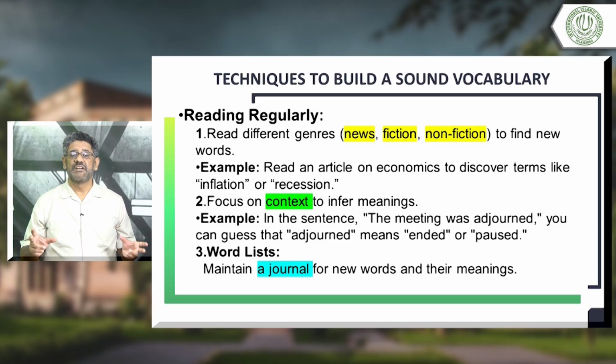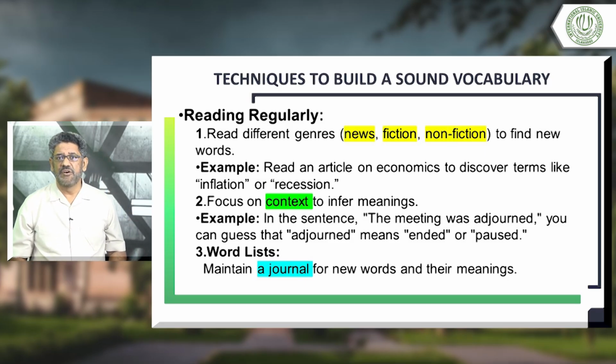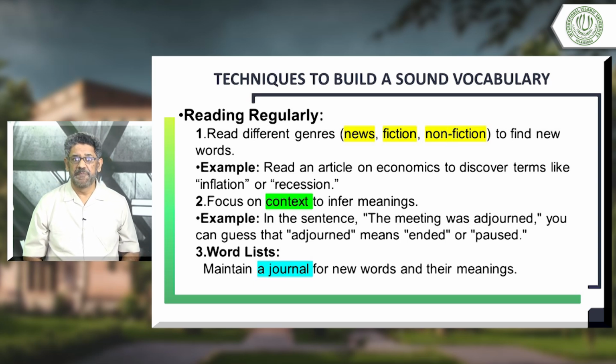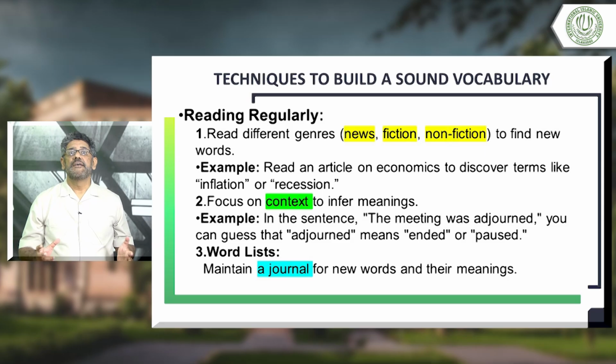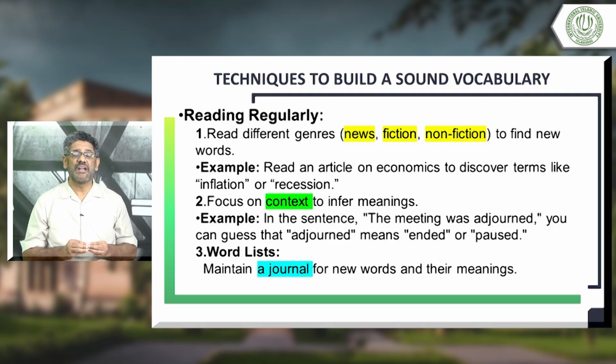There are books. Read different genres like news, fiction, non-fiction. Newspapers are there, novels are there, short stories are there, history books are there, autobiographies are there. So see what you like, then start reading. This will improve your vocabulary, but you cannot ignore reading.